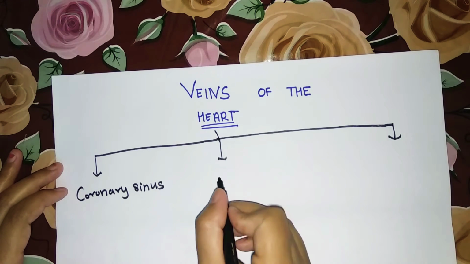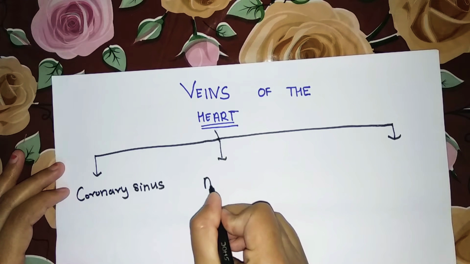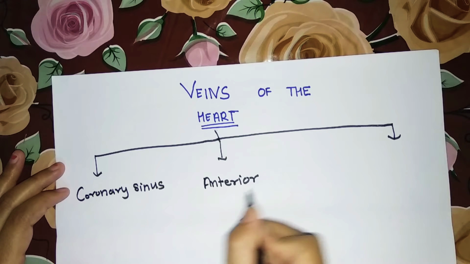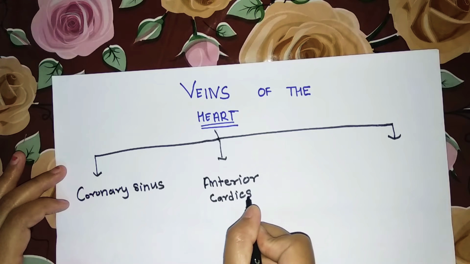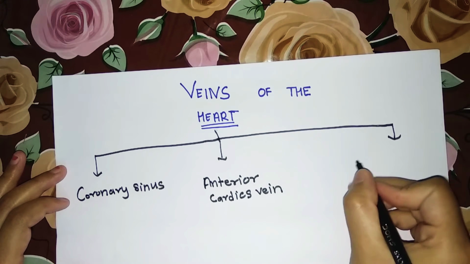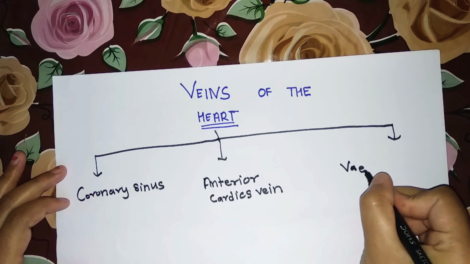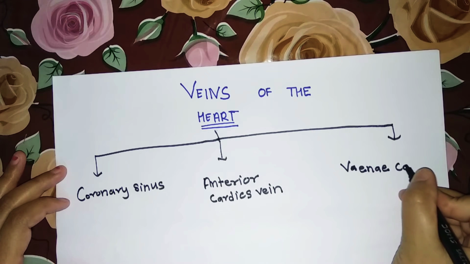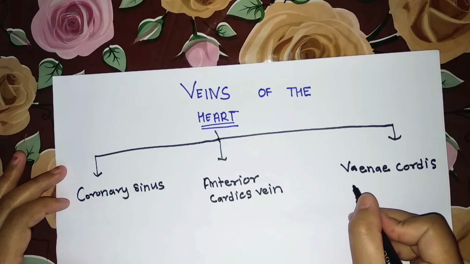The second one is the anterior cardiac vein. The third one is the venae cordis minimae.